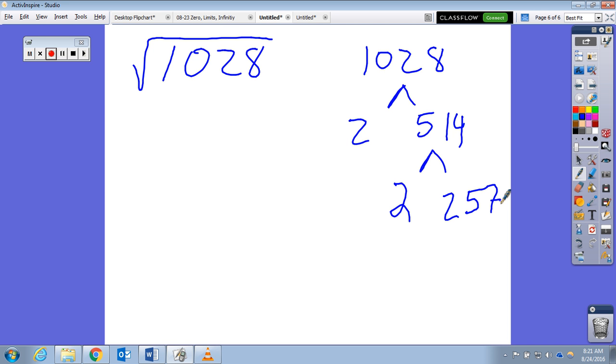We need nice, perfect numbers. 11? 257 divided by 11 gives you 23 and change. 13? 19 and change, and then finally probably 17 is what's going to break it, so we can just stop. So, the square root of 1,028.